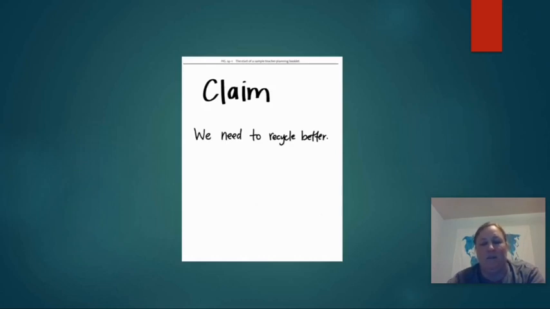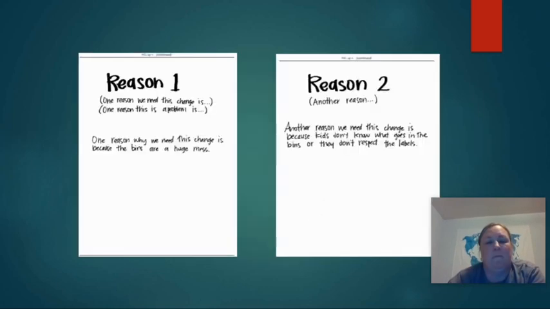So one is for food garbage, and one is for plastics, and one is for bottles, and it actually doesn't cause that big of a problem for people to have to go through and sort it like that. And so that's something I was thinking we can make a little bit better at our school. So the solution is that we need to recycle better, and that's my claim. That's what I feel strongly about.